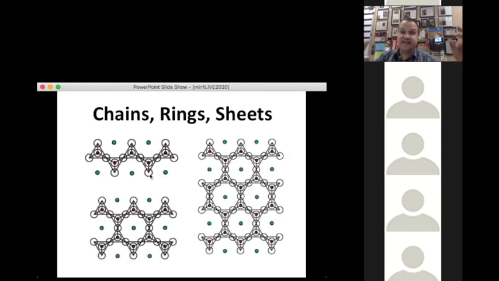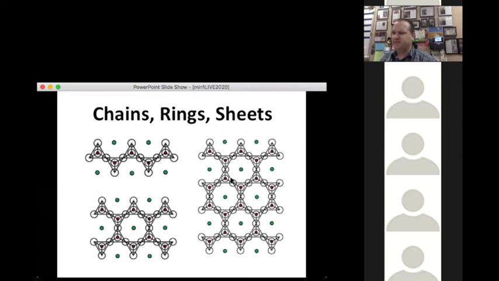Now we can connect them like a chain. And if one pyramid shares with another and another, we get a chain of tetrahedrons. And if we take a chain and we put it with another chain, 2 chains, we get a ring, like a ring on your hand, a ring shape.